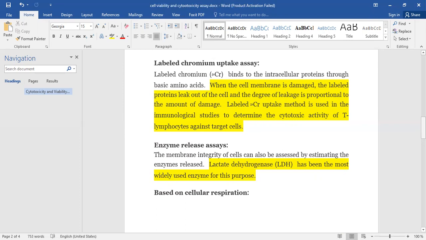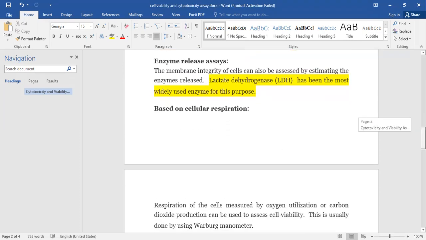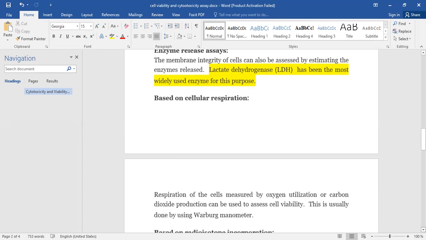The next procedure is the enzyme release assay. The enzyme release assay is used for the analysis of the release of some enzymes which are released by the cell membrane. An example is lactate dehydrogenase. The next is cellular respiration.